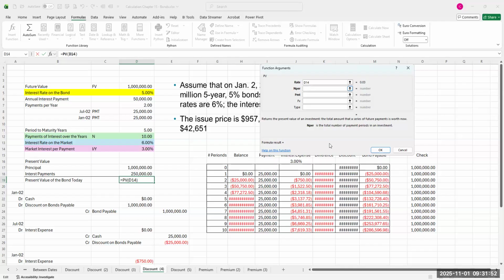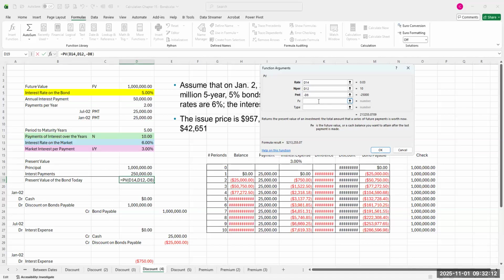Next, it asks for the total number of payments over the life of the bonds. That will be 10 payments. How much is the payment that we have to make every time on those bonds? That will be $25,000, and since we're making the payment, that's a negative for us, which is a cash outflow.